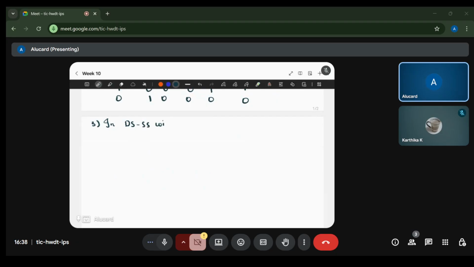DSSS with a length of spreading sequence.